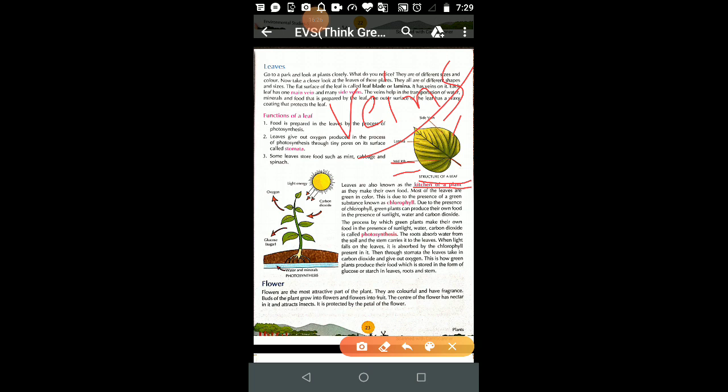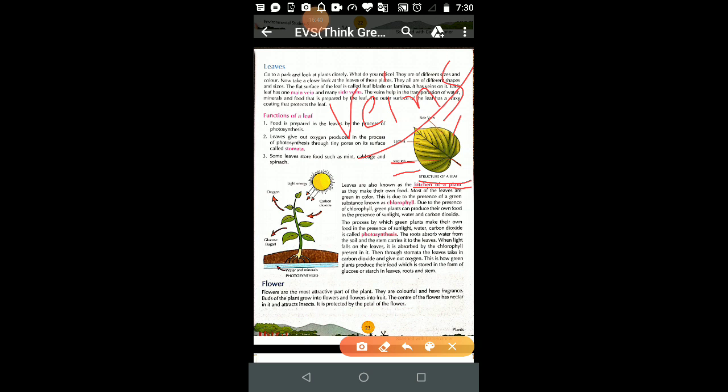Is it clear? And now student, try to understand what is the function of the veins in the leaf.